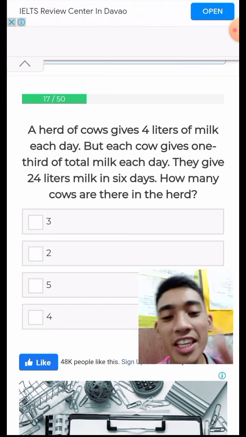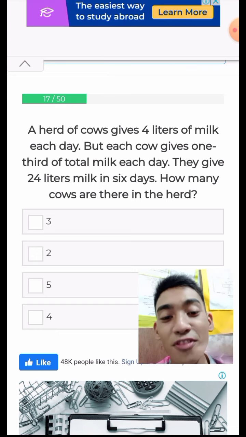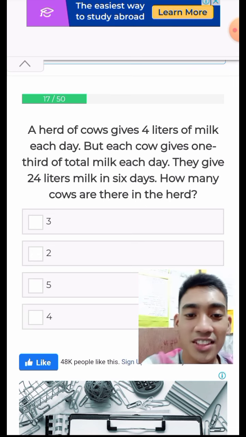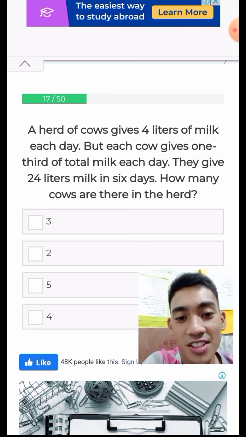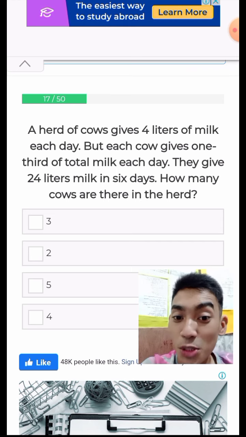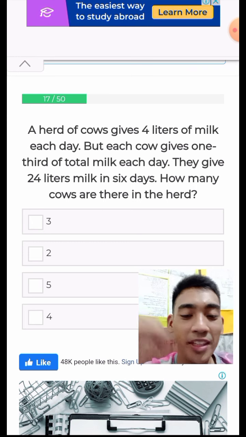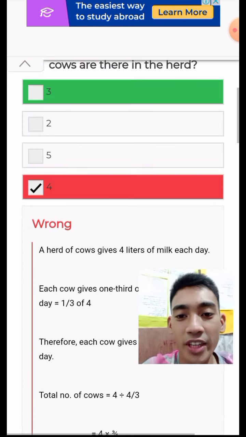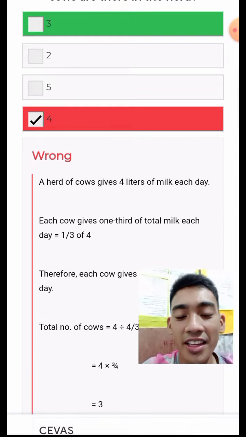So we will get the 1/3 from 4 liters, diba? 1/3 for 4 liters. Then after 6 days, they can give 24 liters of milk, diba? So the answer here will be, let's just guess 4. Oh, okay, it's 3. Why?